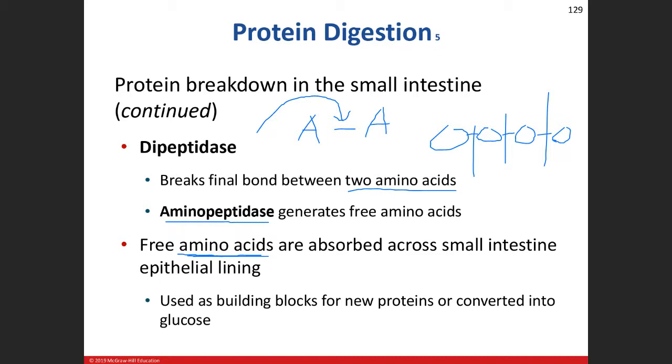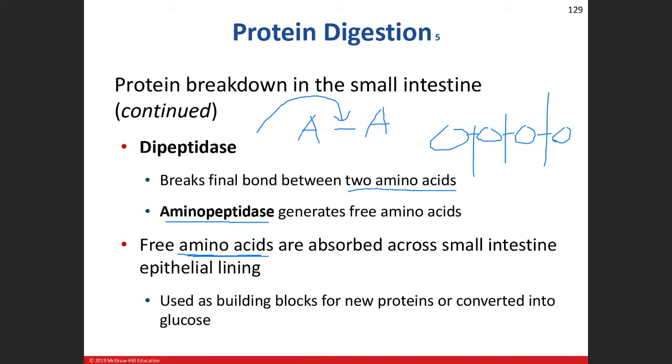So what happens? Now the epithelial cells can absorb those amino acids into the cell, and that cell can then use those amino acids to maybe make some proteins that it needs. And if it doesn't, no problem. It can package it up if it wants to make hormones with it, or send it into the bloodstream so it can travel throughout the body to other cells that need it.